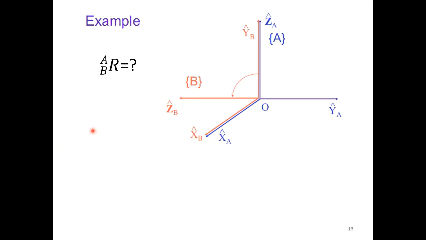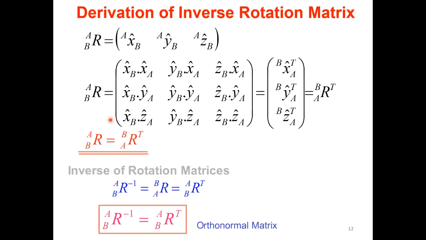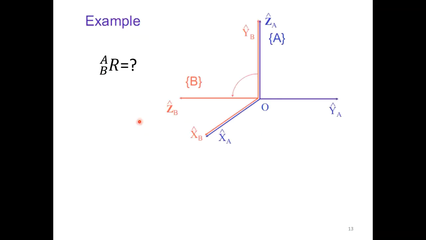Okay, so let me show it to you. If I pedal back, you will see this is the technique. First, figure out x hat B, and then calculate the shadow it creates on the major three axes, x, y, z of frame A. So get x hat B. X hat B is the unit vector along this line, 1 unit long.